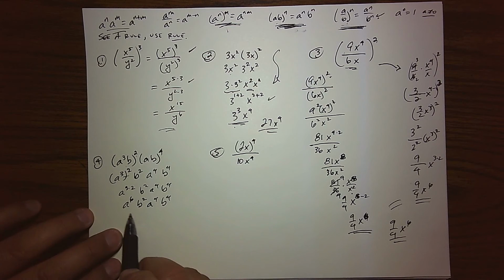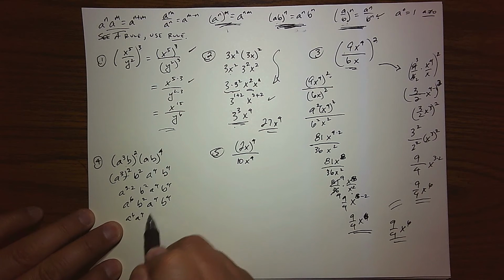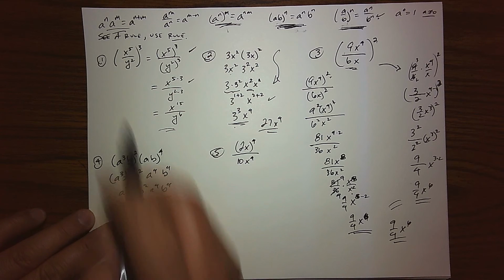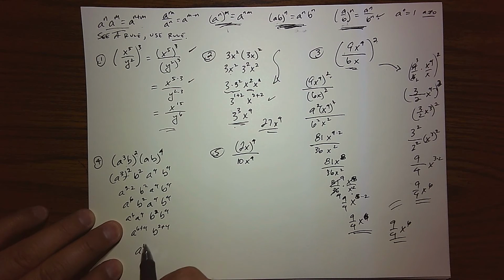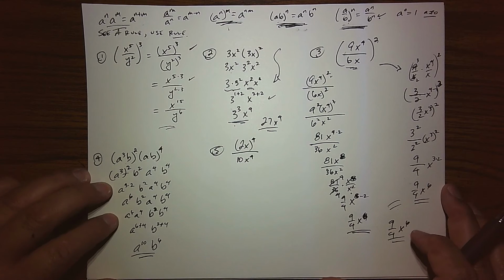All right, and now we can rearrange this if you want. Let me rearrange things, oops, that's a 2. And so this is our product rule. So we add my exponents, and we add my exponents. So we end up with a to the 10th and b to the 6th as our final answer.